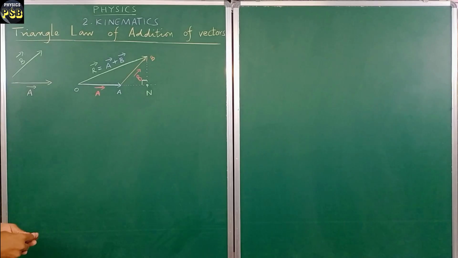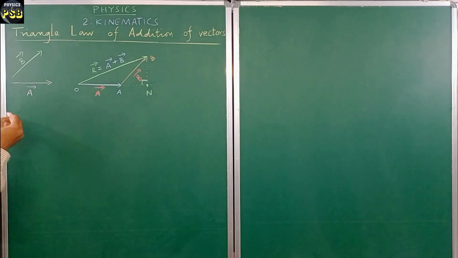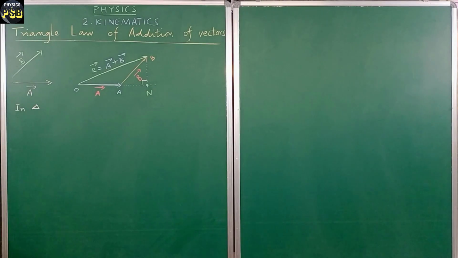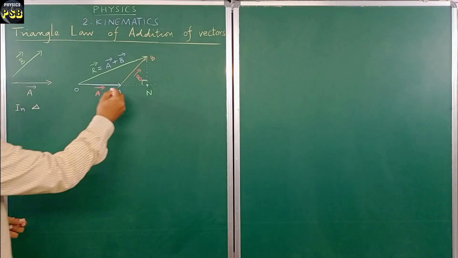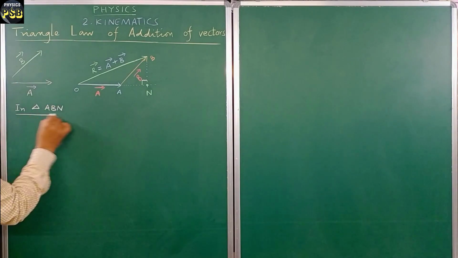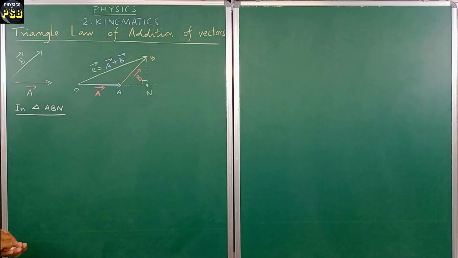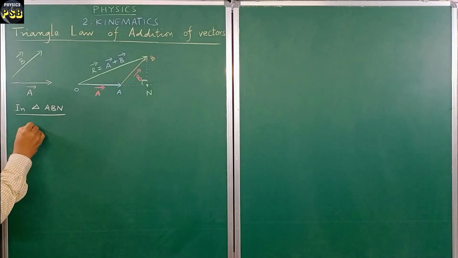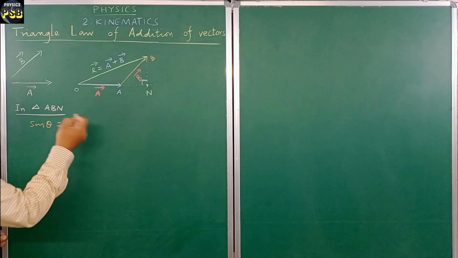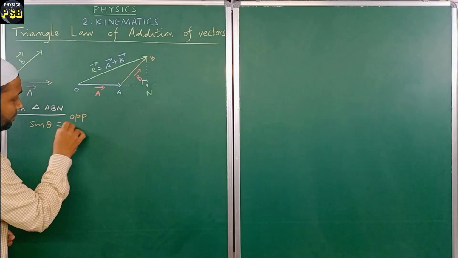Now from this diagram I take triangle ABN. I try to find out the value of sine theta. What is sine theta here? We know sine theta is nothing but opposite side divided by hypotenuse.